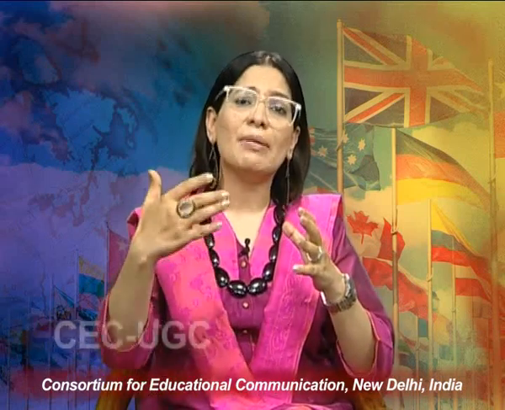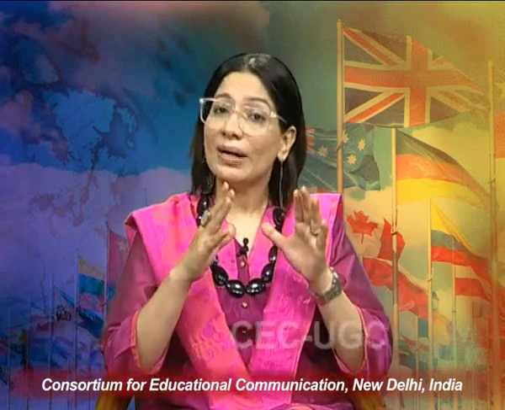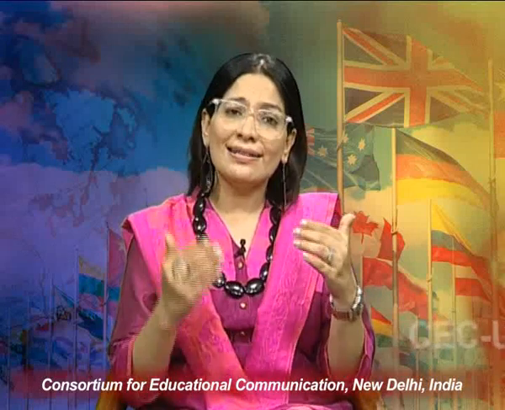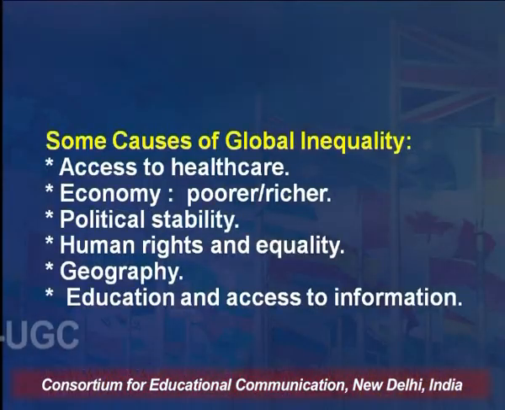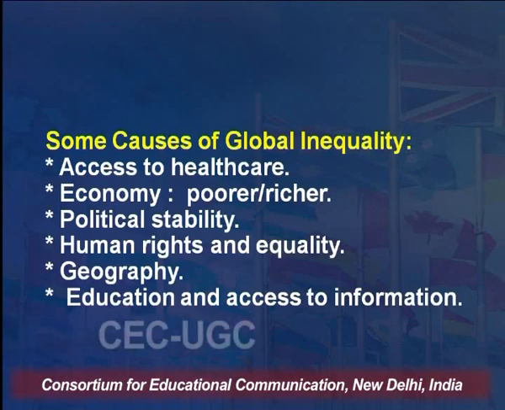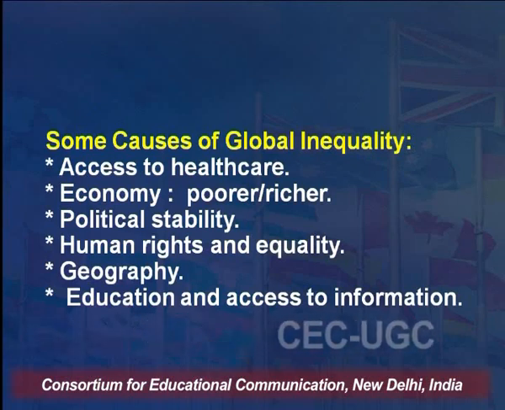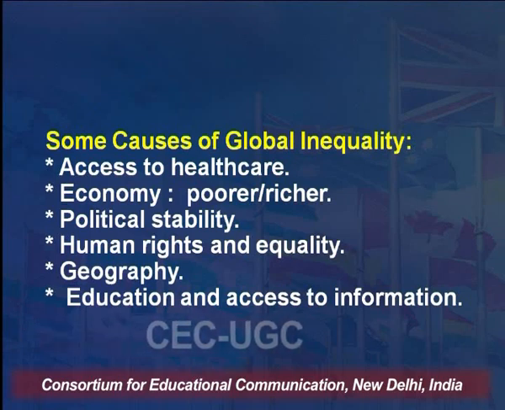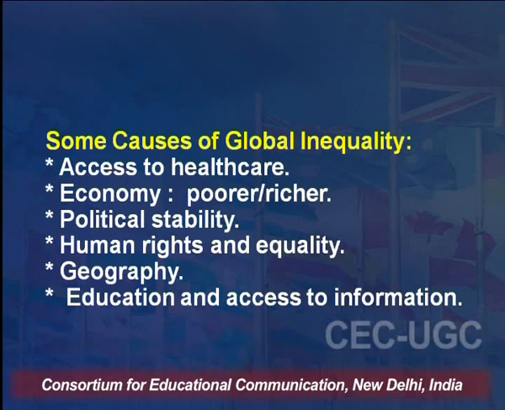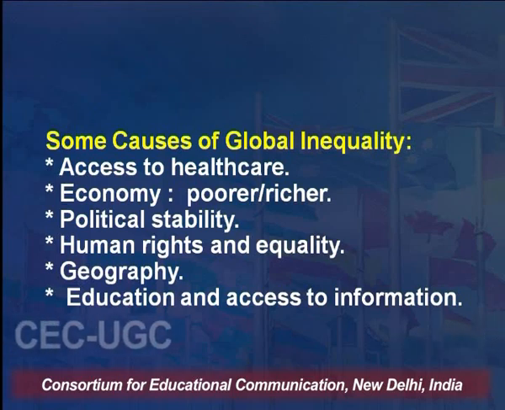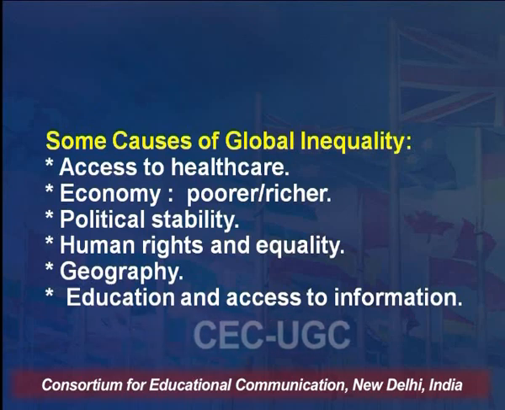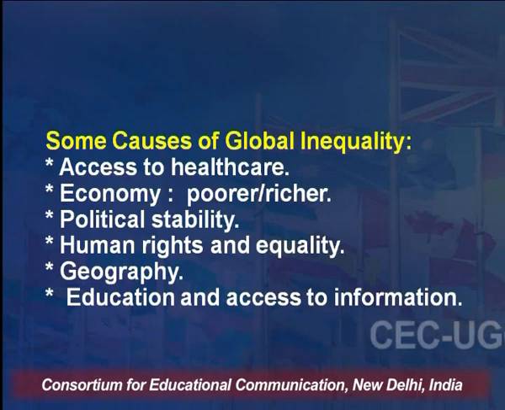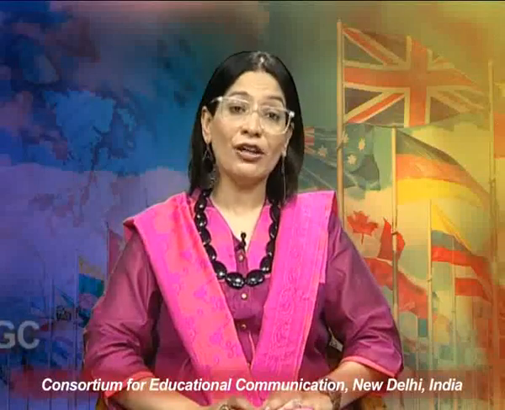Now, as we are deliberating on inequality at the global sphere, let's understand the causes of global inequality. Some of the most important causes have led one nation to be superior and another less so. The parameters could be access to health care, where developed countries have a great amount of research, development and health care infrastructure, whereas poor countries do not have it.